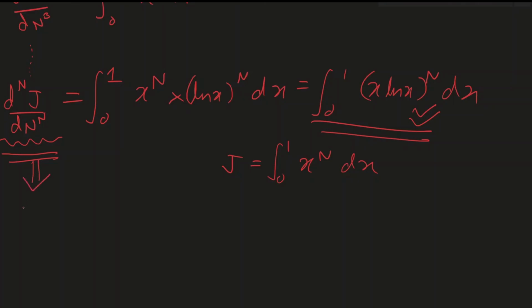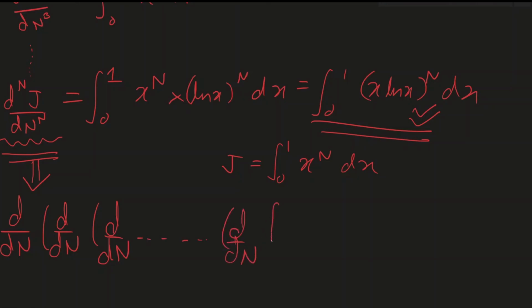So I'm going to rewrite this by expanding it. It is going to be d/dn of d/dn of d/dn ... of d/dn of the integral from 0 to 1 of x^n dx, and this whole differentiation is going to be n times.